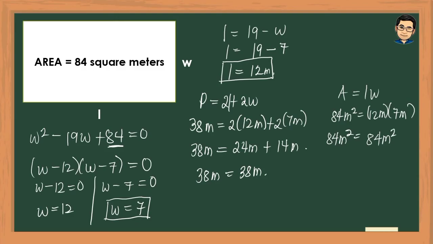So tama po. So yung dimensions na hinahanap po natin ay 12 meter by 7 meter. Yung 12 meters, yun po yung length, and then 7 meters, yun po yung width.